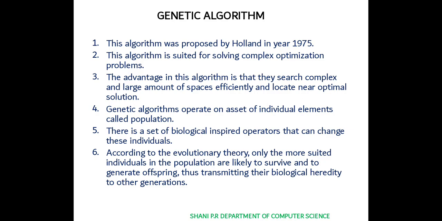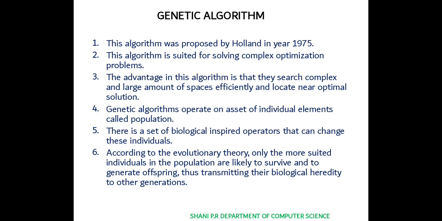Optimization means the most cost effective or highest achievable performance, like finding fully perfect values. For this purpose we have the genetic algorithm. The advantage is that it searches complex and large spaces efficiently to locate near the optimal solution.